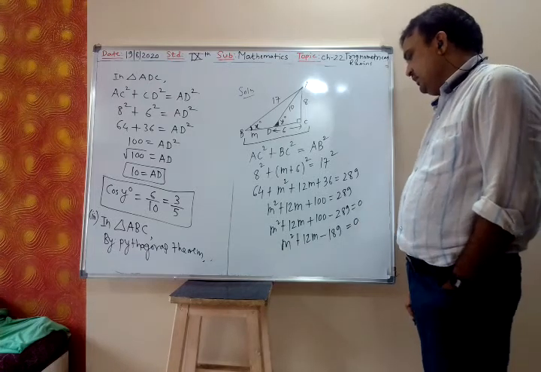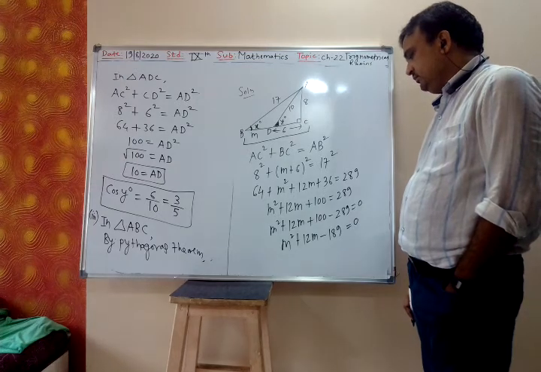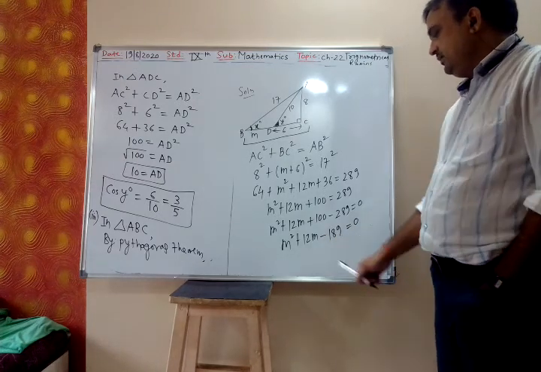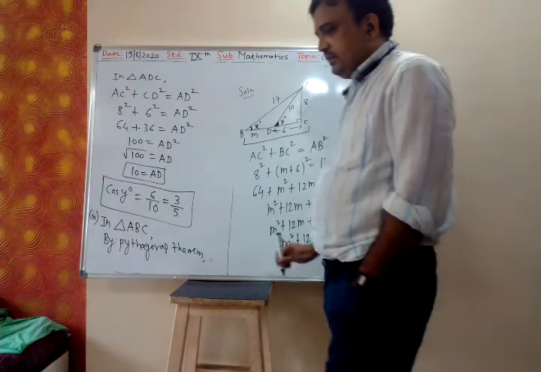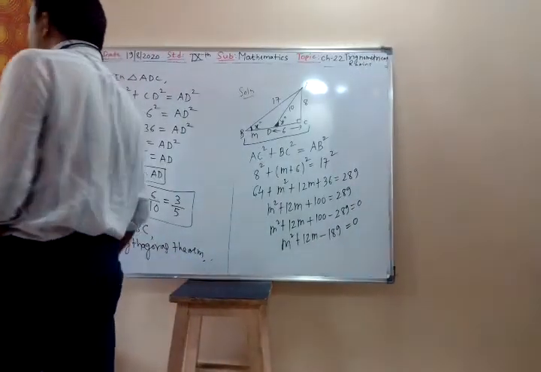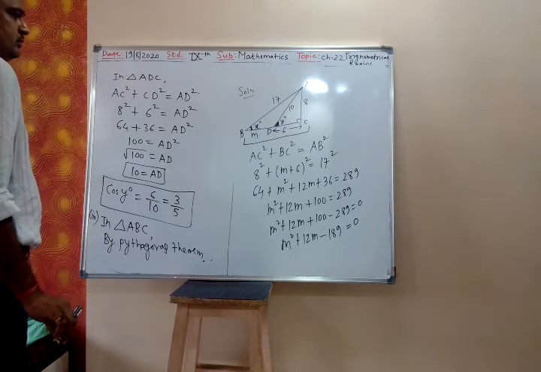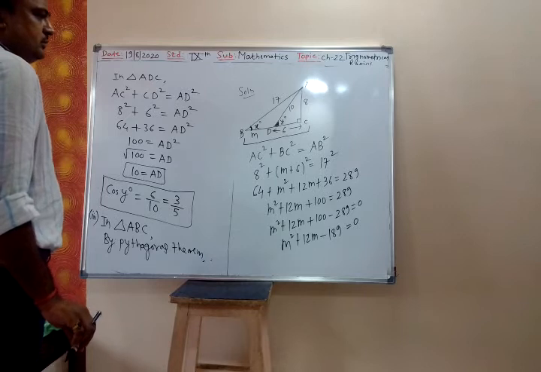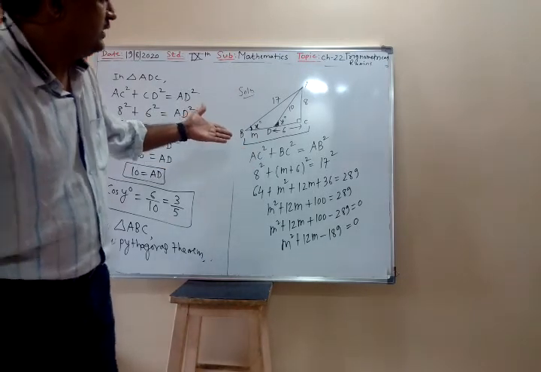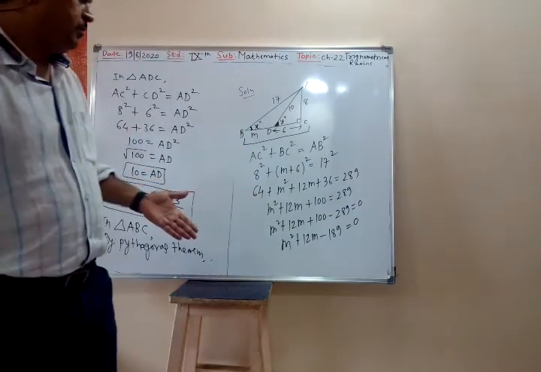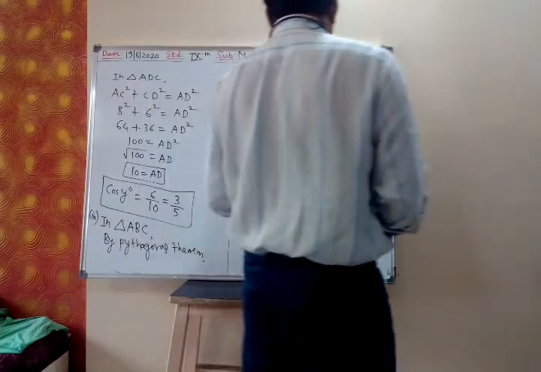Find two numbers whose sum is 12 and product is 189. Yes, that also you can do. No problem.